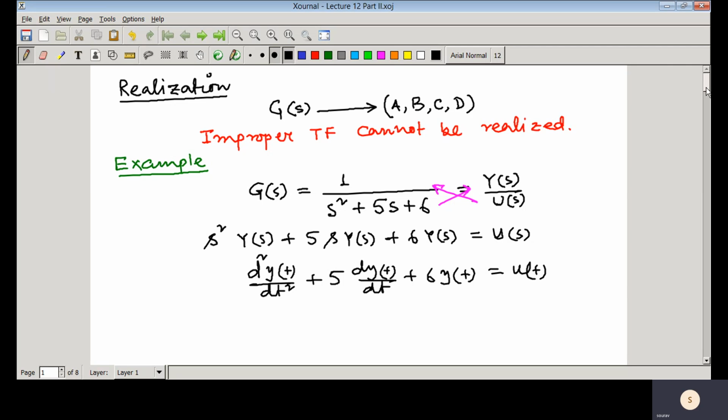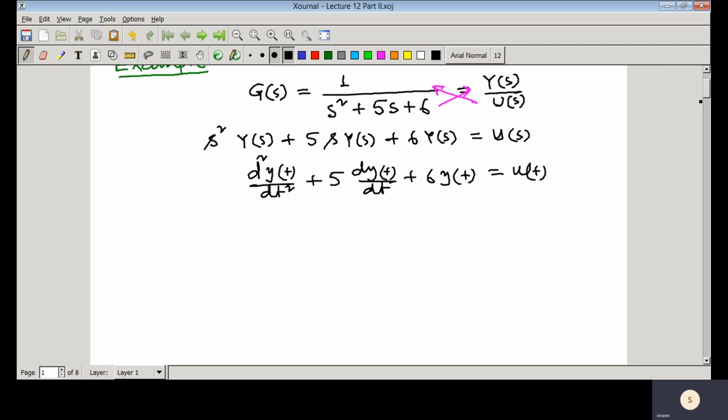That means if you have this differential equation and take the Laplace transform, you will get this one. So now we need to define state variables. As this is a second order differential equation, we need 2 state variables to describe that system.